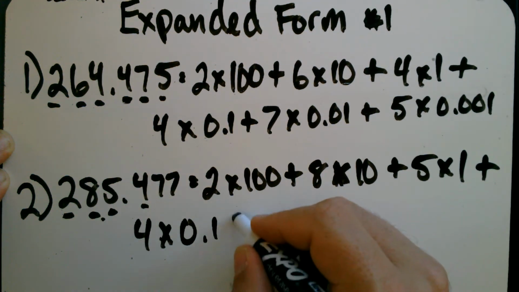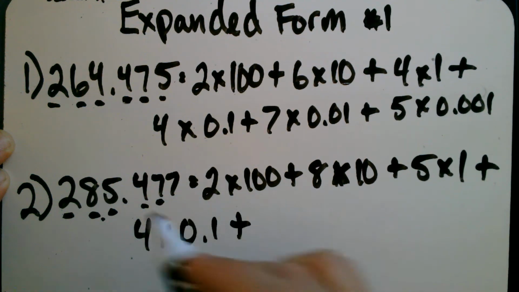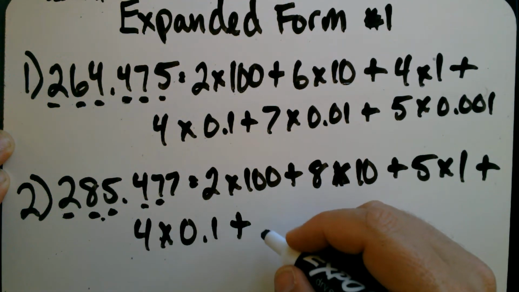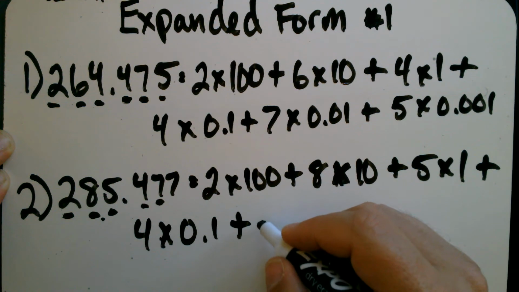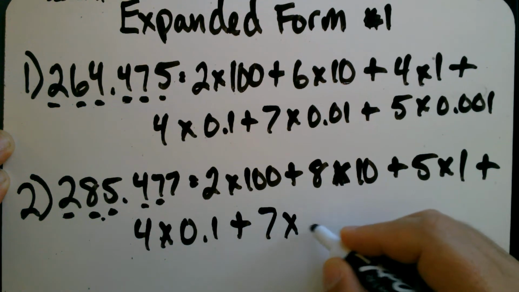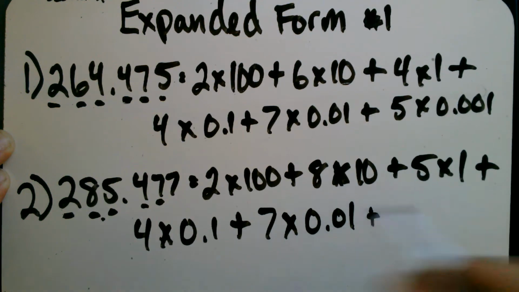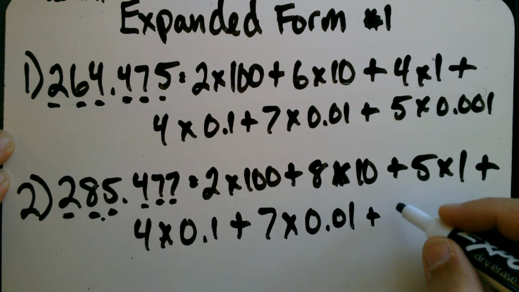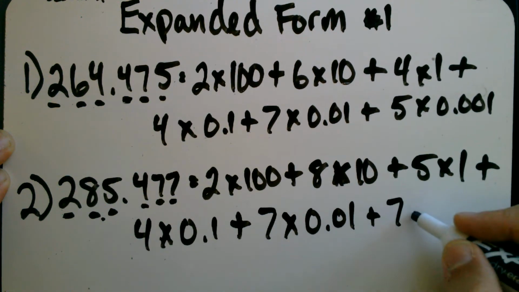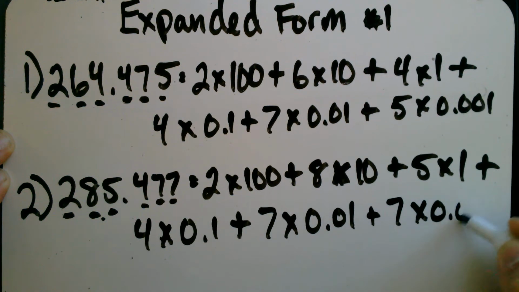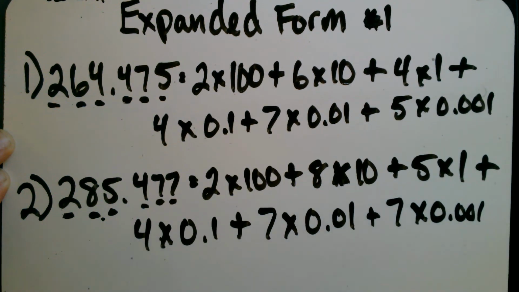And then our 7 in the hundredths place, 7 times 1/100th, and then another 7 in our thousandths place, plus 7 times 1/1,000th.